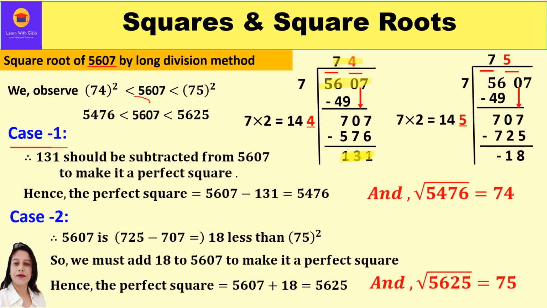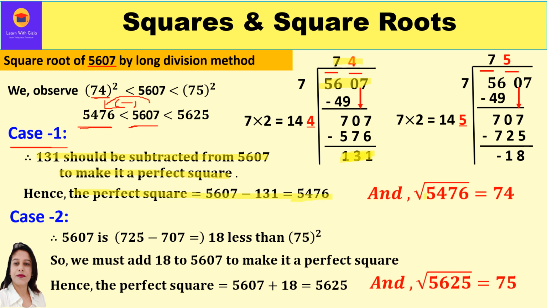So we can subtract 131 from 5607, and we get 5476, which is actually the square of 74, right? So square of 74 is 5476. This is what we subtracted, the remainder. So we can say 131 should be subtracted from 5607 to make it a perfect square. The perfect square number so obtained will be 5476.